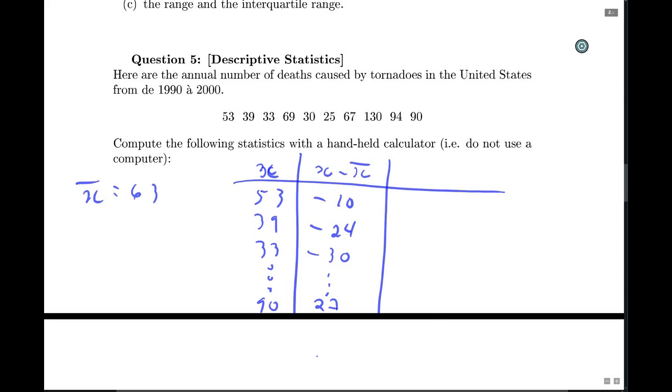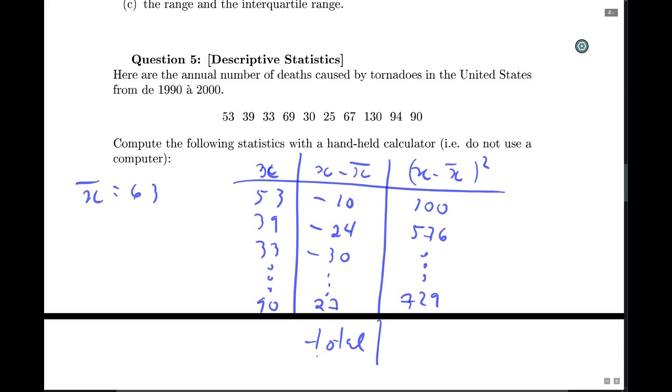Okay, and then I get the squared deviations away from the mean. So I'll square these differences. So minus 10 squared is 100, minus 24 squared is 576, and so on, right up to 27 squared, which is 729. And then what I'll do is I'll compute the total.